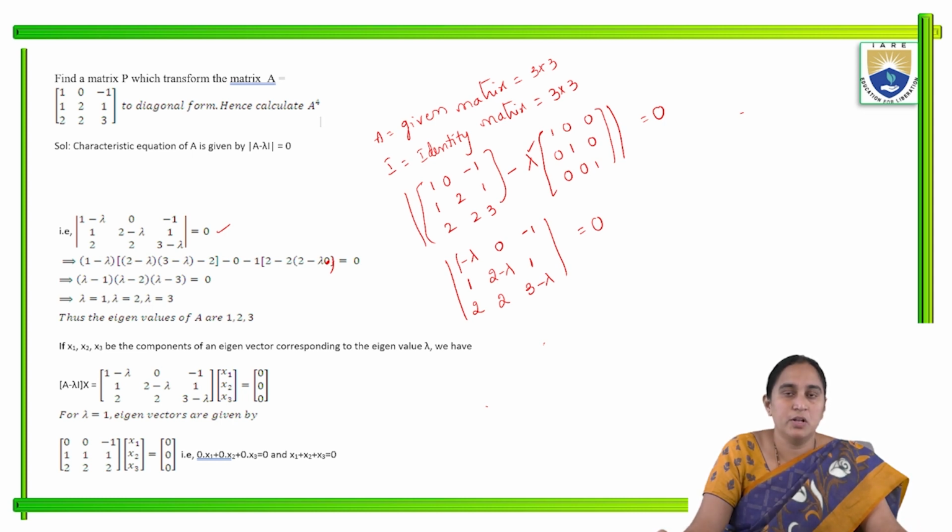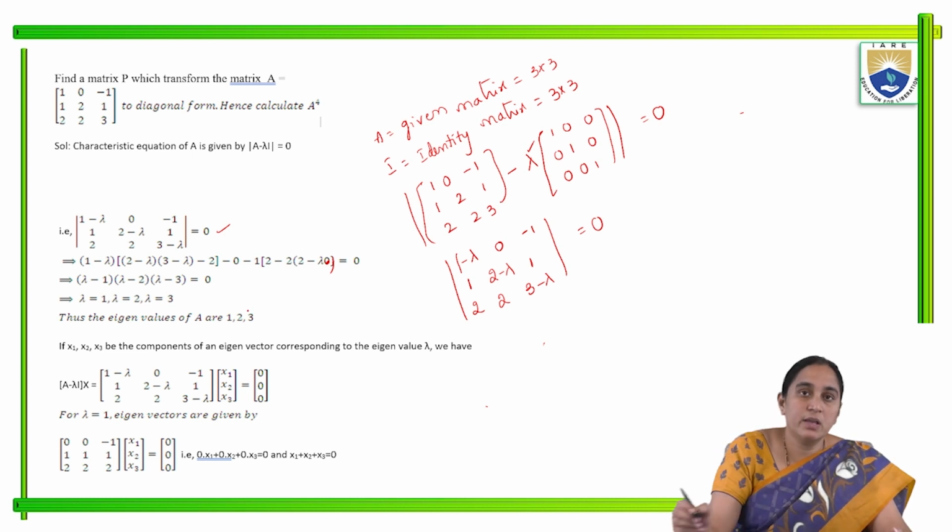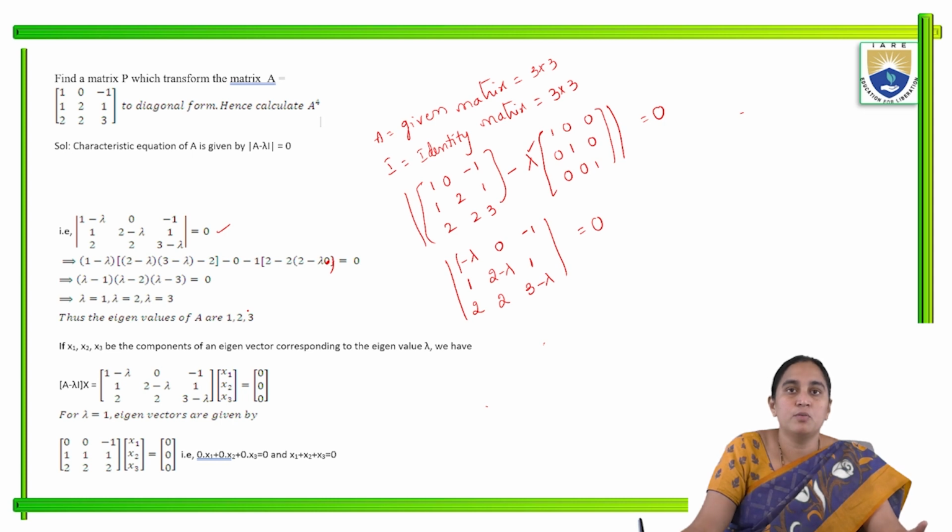What we discussed previously: if the eigenvalues are distinct, then for that case the given matrix is definitely diagonalizable. This we know. In this step itself we know that if the eigenvalues are distinct, then definitely the matrix is diagonalizable.